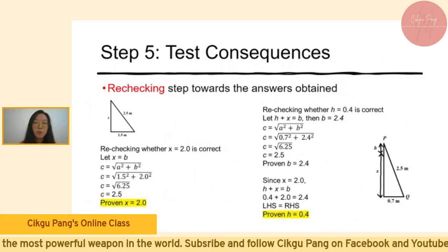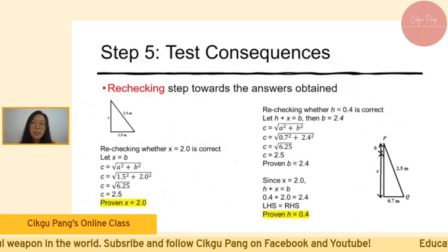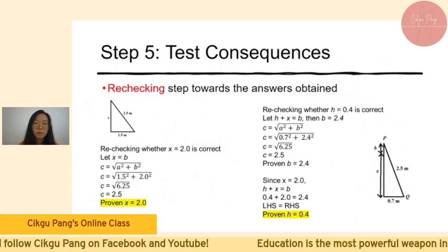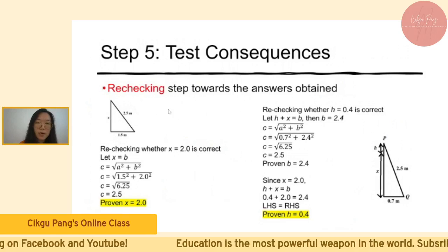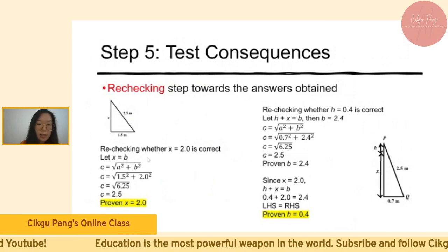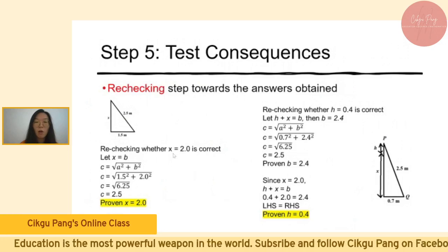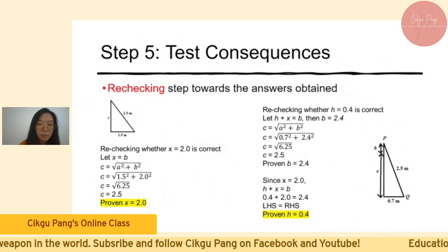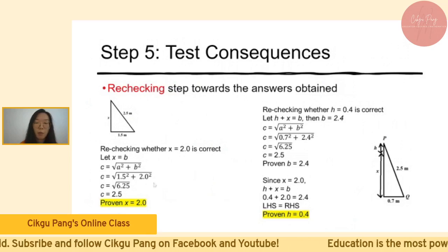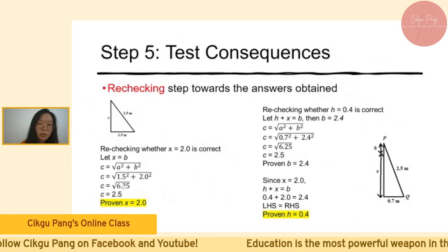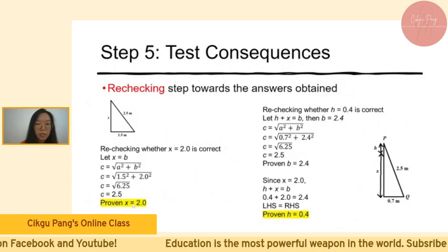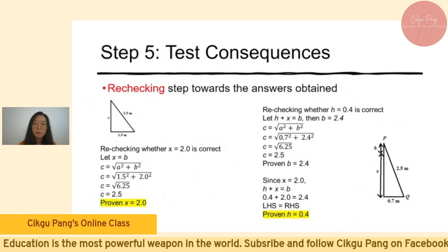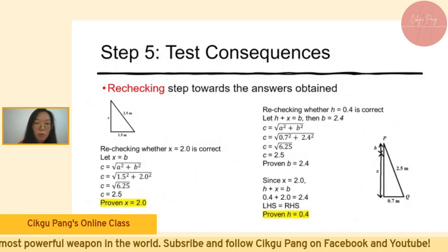That means we have to recheck the answer, whether this 0.4 meter is the answer of h. So the first part, we can check the value of x. We plug in the value of x into the Pythagoras formula. Then from this step, we can prove that x is actually equal to 2.0. That means the value of x is correct.